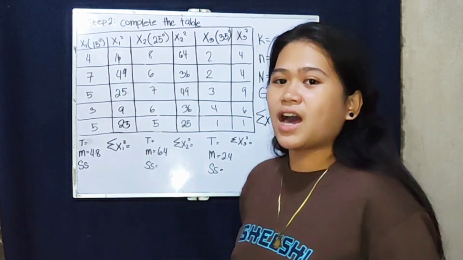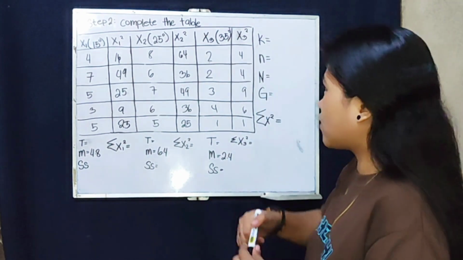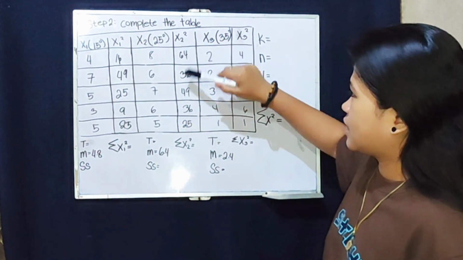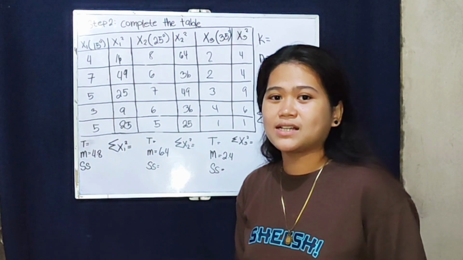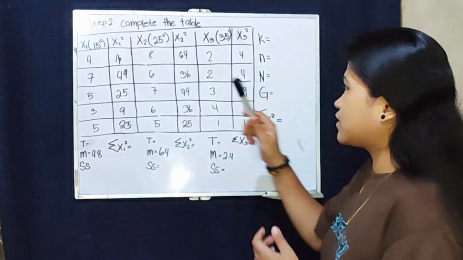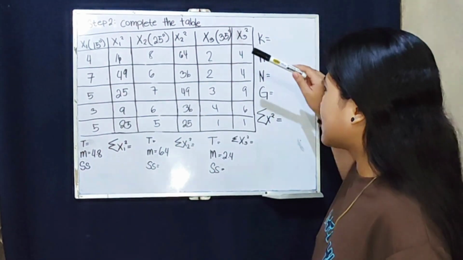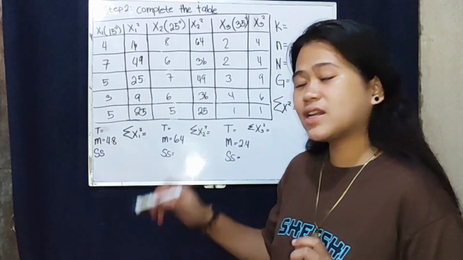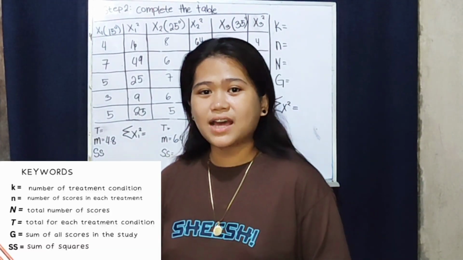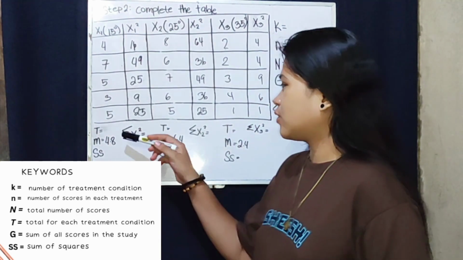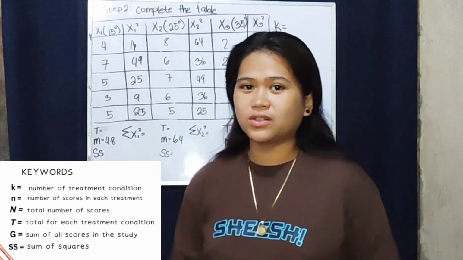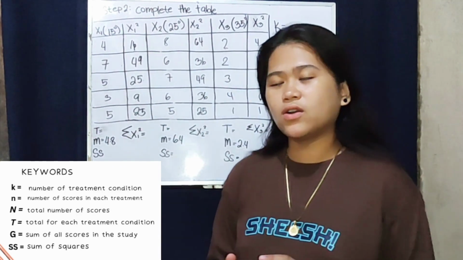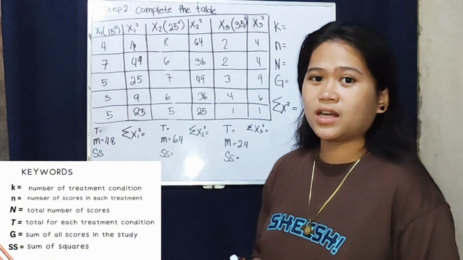So, same lagi gihapon ang process sa other nga column. I-multiply gihapon nimo sa iyahang kaugalingon ang kada isa. Then take note of these keywords guys, kay mogamit na siya sa mga formulas. So, ang atong T, unsa ganang T? Stand for total of each treatment condition, which is the total of the group.